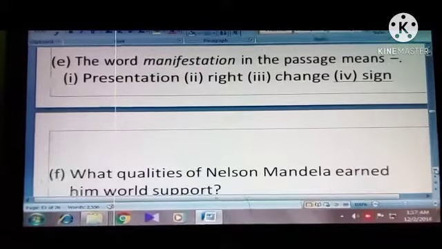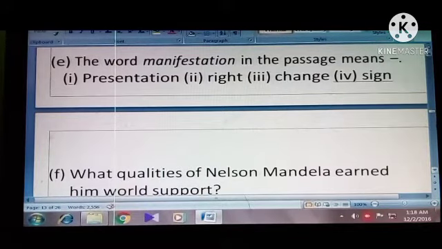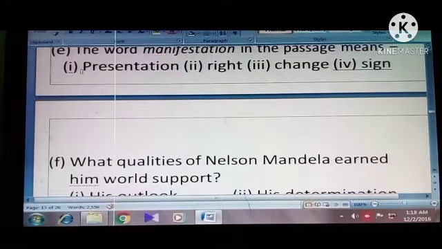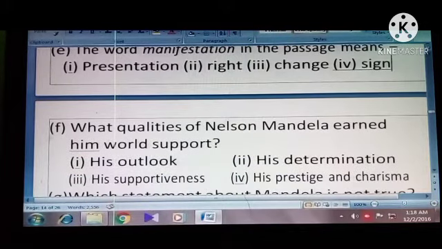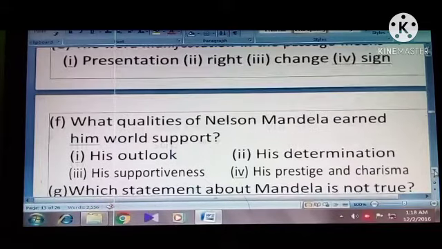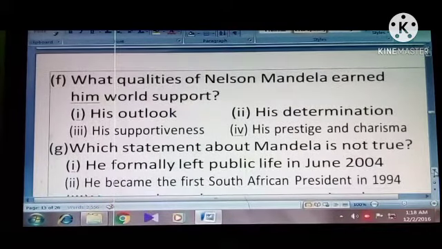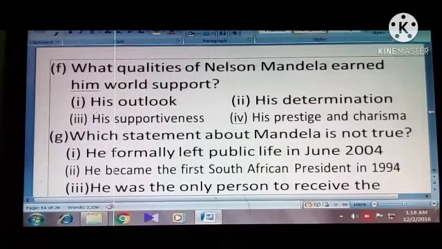Question number E. The word manifestation in the passage means, number 1, presentation, number 2, right, number 3, sense, number 4, sign. Here the correct answer is number 1, presentation. What qualities of Nelson Mandela earned him world support?